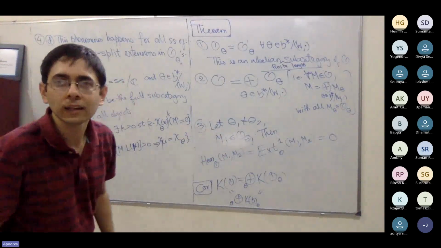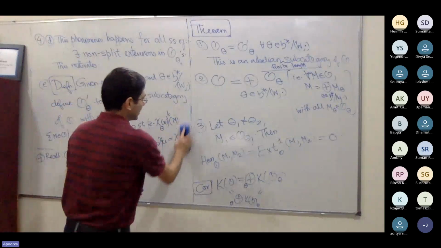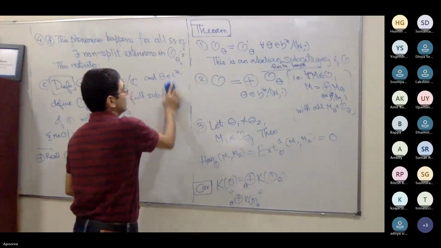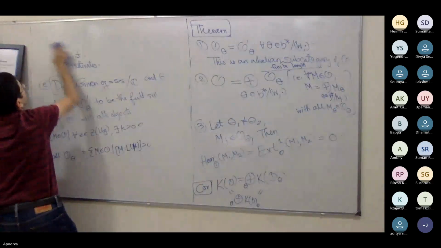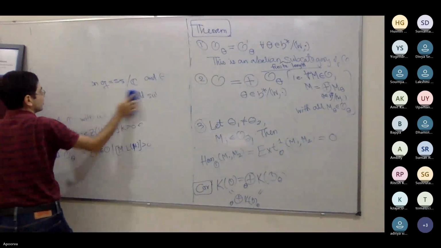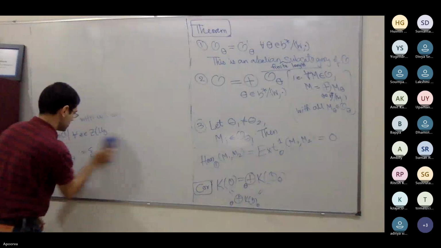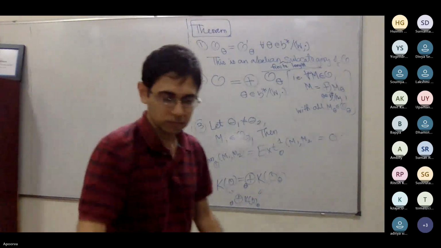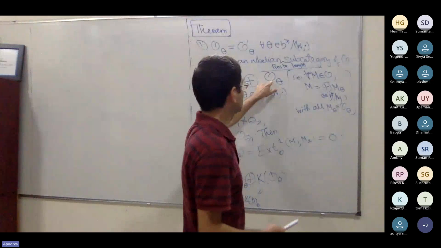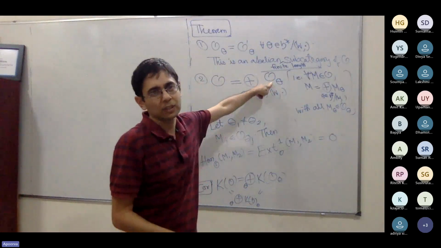Okay, so with all of that done, let me take a 30-second break to erase and prove part 1. So next time the goal is to prove that this is basically modules over a finite dimensional algebra.